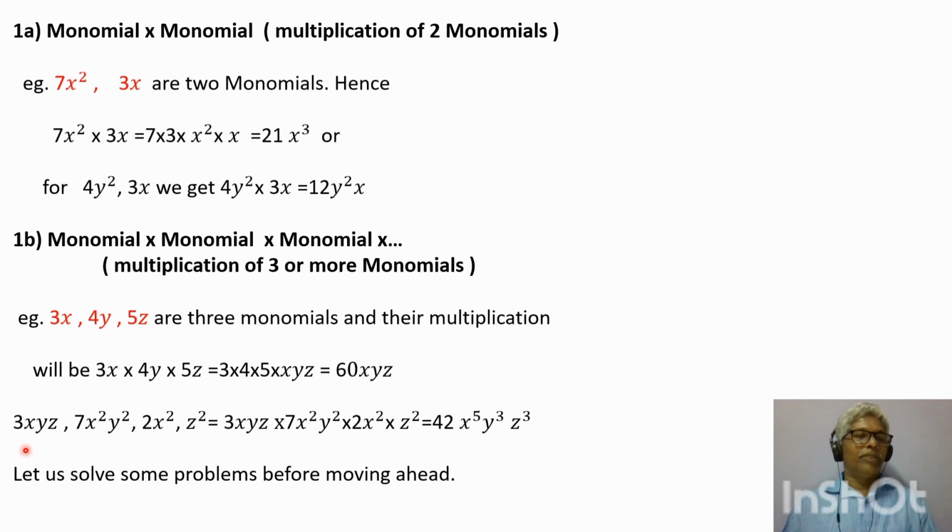Now consider another one: 3xyz, 7x square y square, and 2x square z square. Multiply all these numbers and you get 42 x raised to 5 y cube z cube, because all the powers of x add up to 5. So let us solve some problems before moving ahead.